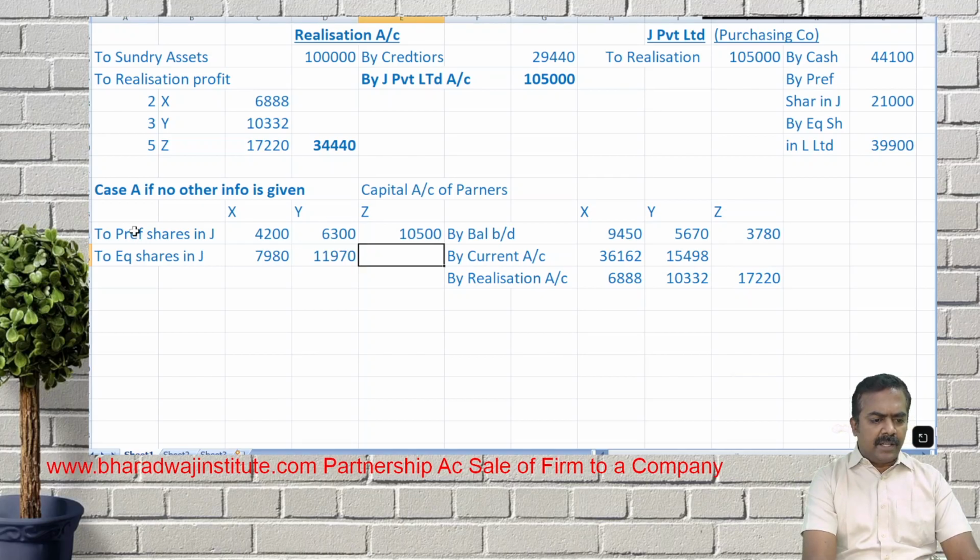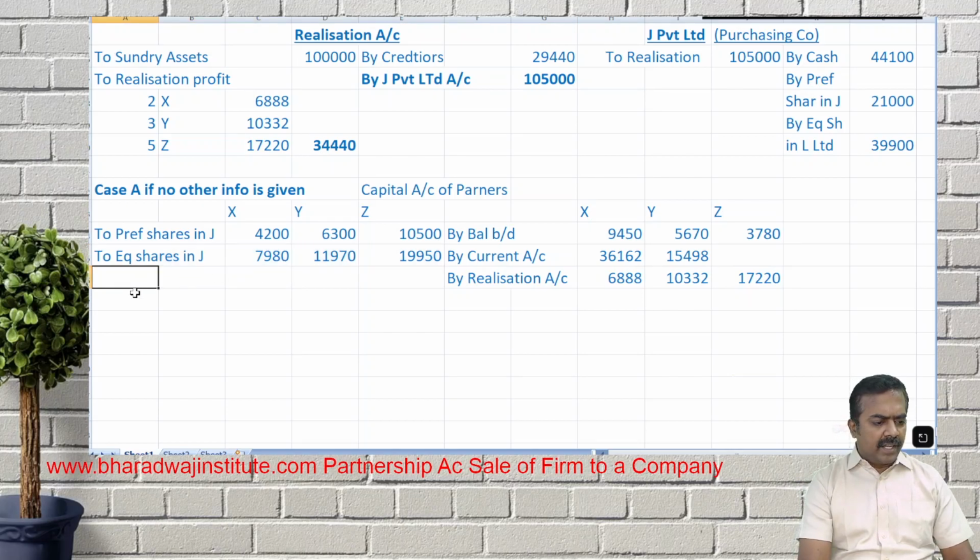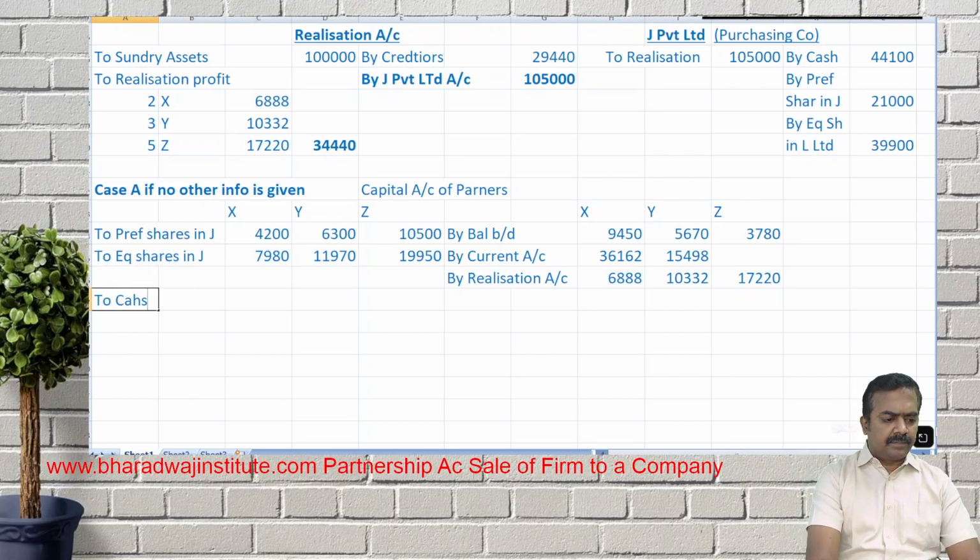In that ratio, they will become the shareholders. 39,900 into 5 by 10. The balance will be settled in cash. Close it. The remaining amount will be settled in what? Cash. Over the cash balance. I think two cash entries will come for the first two.